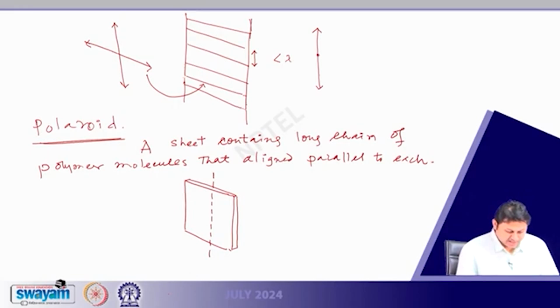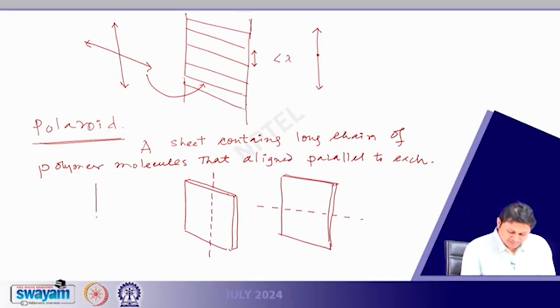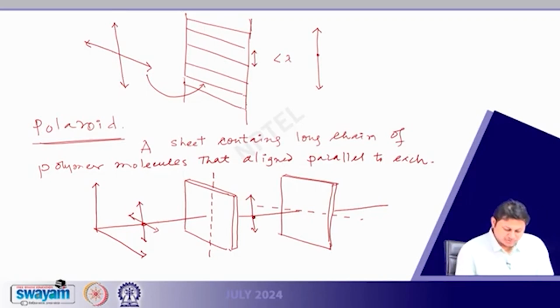If we have two polarizers placed side by side, whose pass axes are perpendicular to each other, then if I produce light here, the unpolarized light gets polarized first after passing through the polarizer.